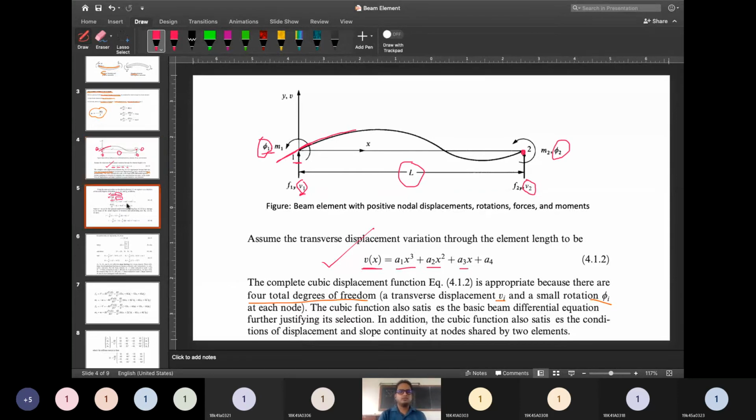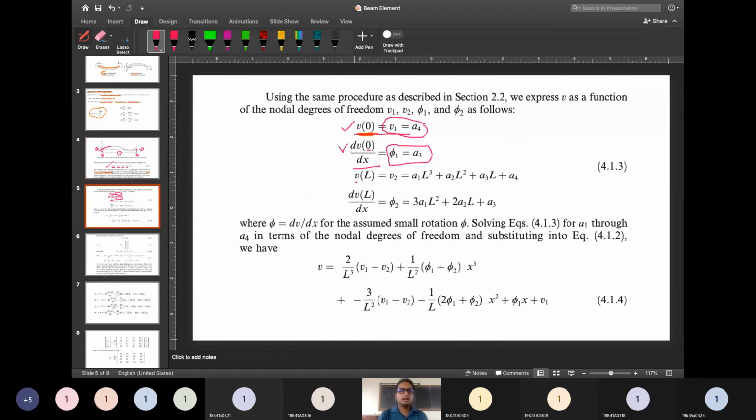Okay, so that value we will substitute now. V at x equals to L and dV by dx at x equals to L. This phi is nothing but dV by dx. So we have written V2 and phi2, and you will get this equation and this equation.